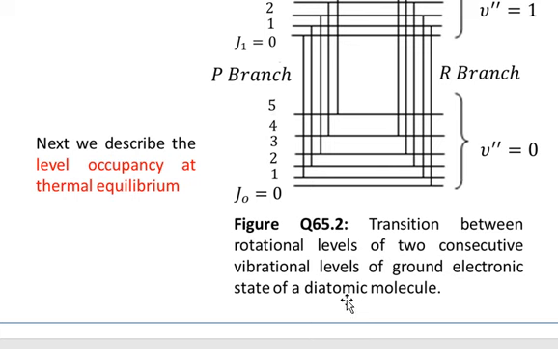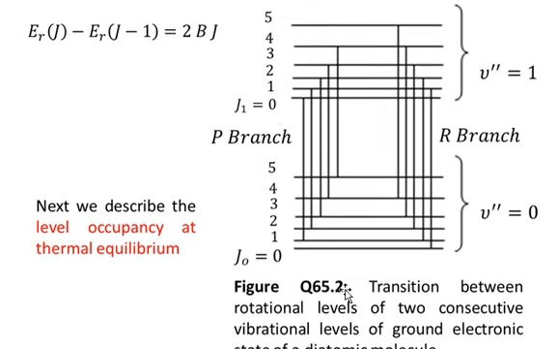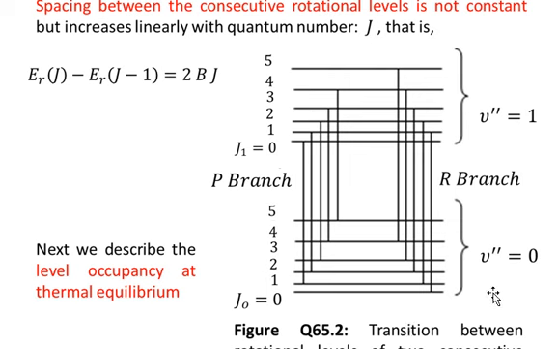First of all, we are talking about the ground electronic state of a diatomic molecule, and second, we are considering two vibrational levels. The lower vibrational level is V double prime equal to 0, and the next, upper vibrational level is V double prime equal to 1.